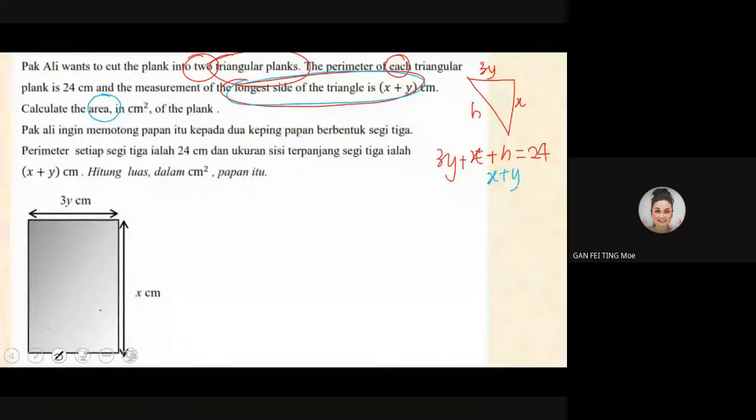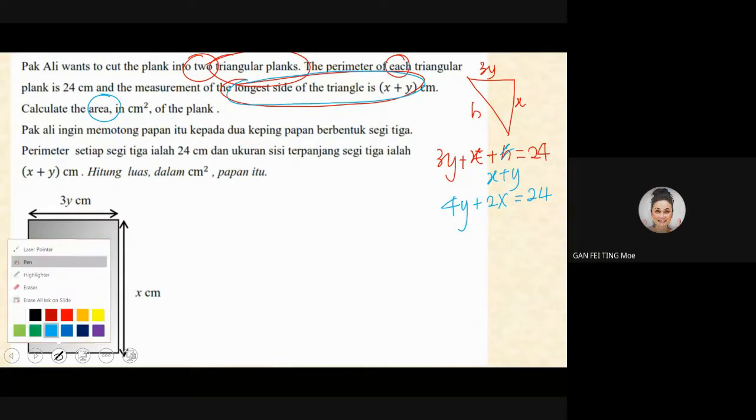So when you are doing the question, please make sure you read carefully. Now you have 3y plus x plus y, so you have 4y plus 2x equals 24. Before you start counting, be alert to the numbers.